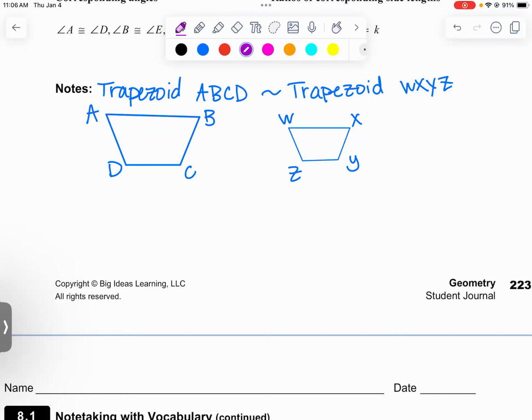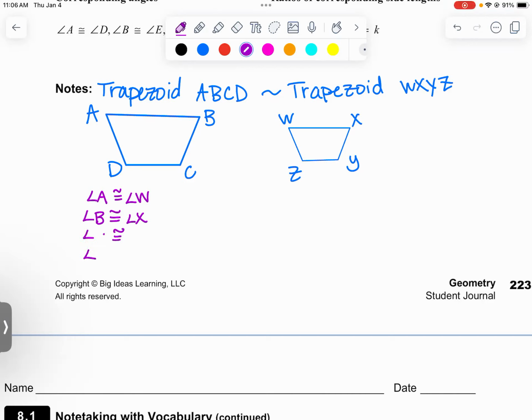Okay, so Ben, angle A is congruent to which angle? Thank you, Ben. Clark, what about angle B? Angle B and angle X are congruent. Sam, name me two congruent angles.